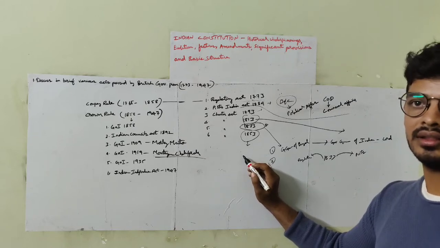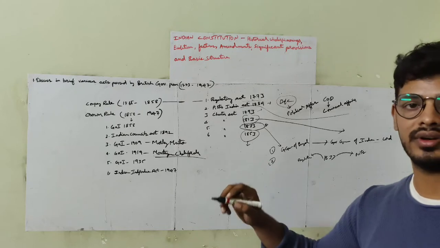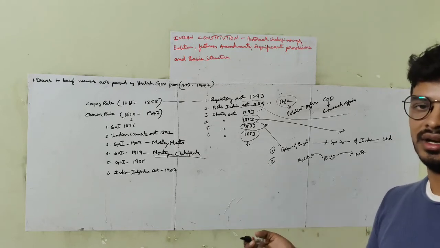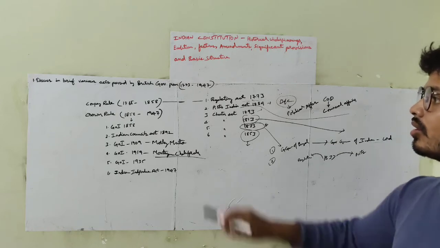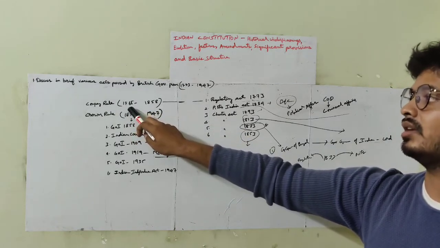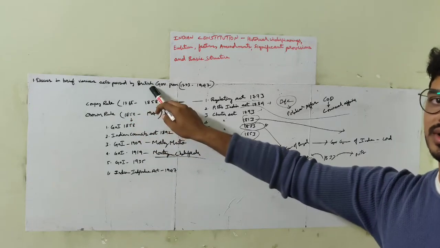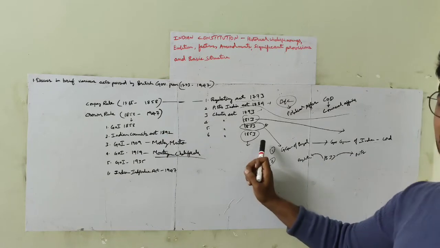The first civil servant of India is Satyendranath Tagore, and who is the father of the civil services? It is Lord Cornwallis. Okay, these are all important. This is all about the company rule, which ruled from 1765, right from the beginning of the 1773 Regulating Act to the 1853 Charter Act.